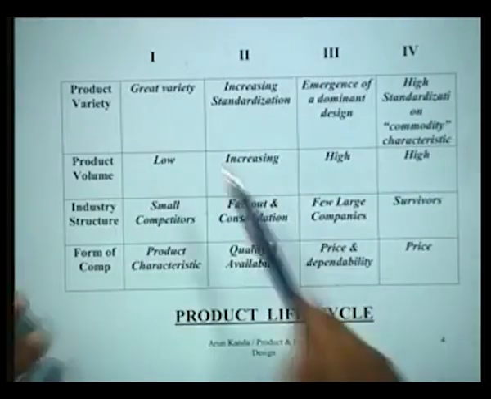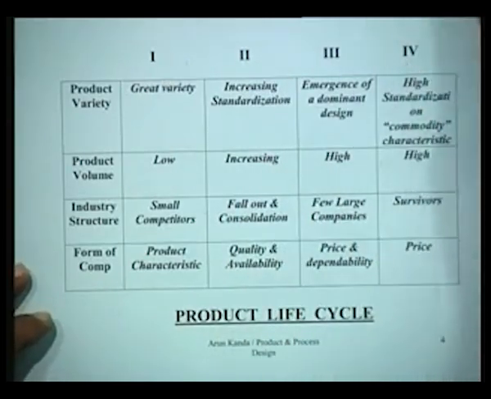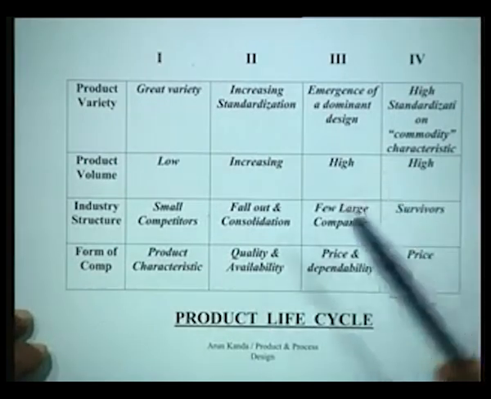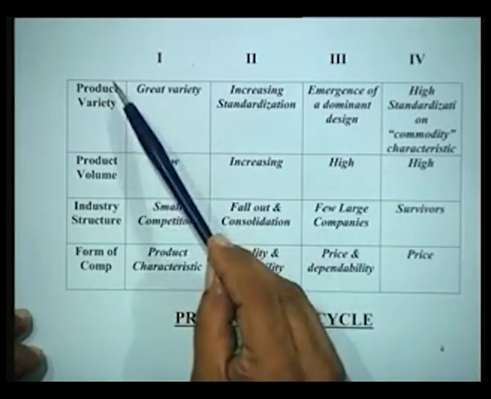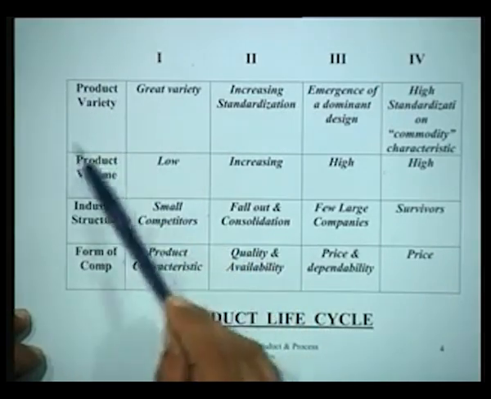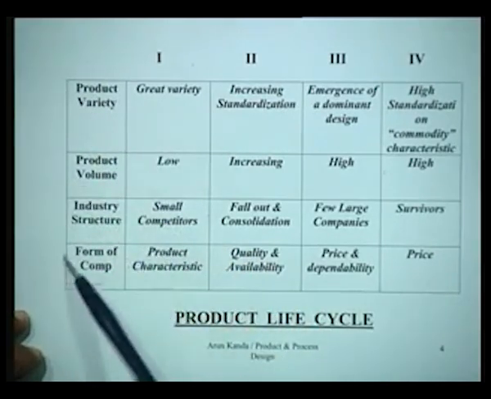If we look at these 4 stages in that order and try to see exactly what happens to the product at different stages, we will study, for instance, the behavior of a typical product with regard to product variety, product volume, industry structure, and the form of competition.